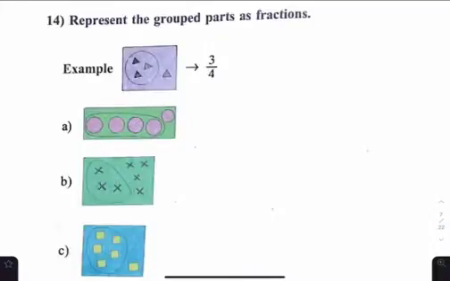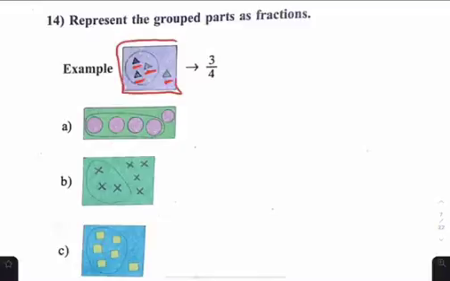Yes. Represent the grouped parts as fractions. There are 3 triangles in the group and 1 outside. So there are totally 4 in this box, and that is what is to be considered in the denominator. Similarly, in the box, see how many are there, so that comes up to the denominator, and the grouped segments are 4.